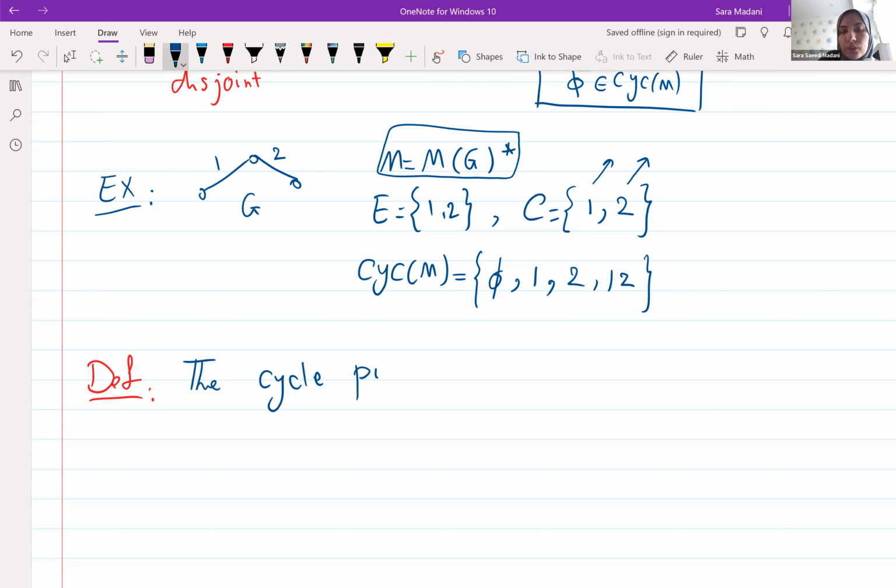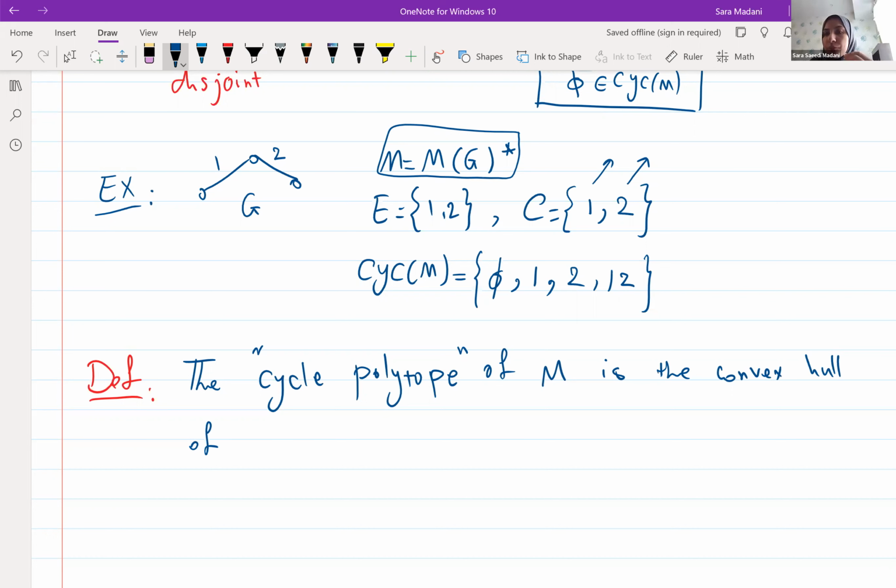The cycle polytope of a matroid M is the convex hull of some points.